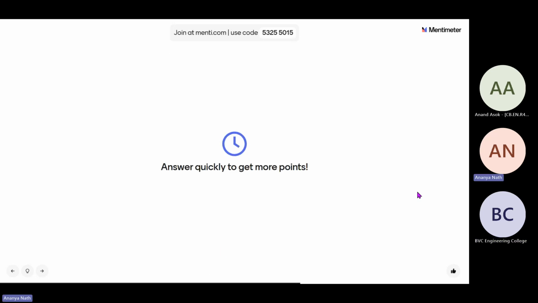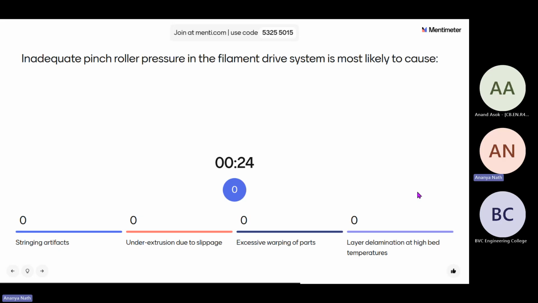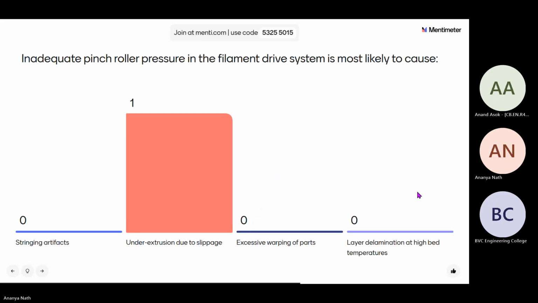Here is your eighth question. Inadequate pinch roller pressure in the filament drive system is most likely to happen: under extrusion due to slippage.